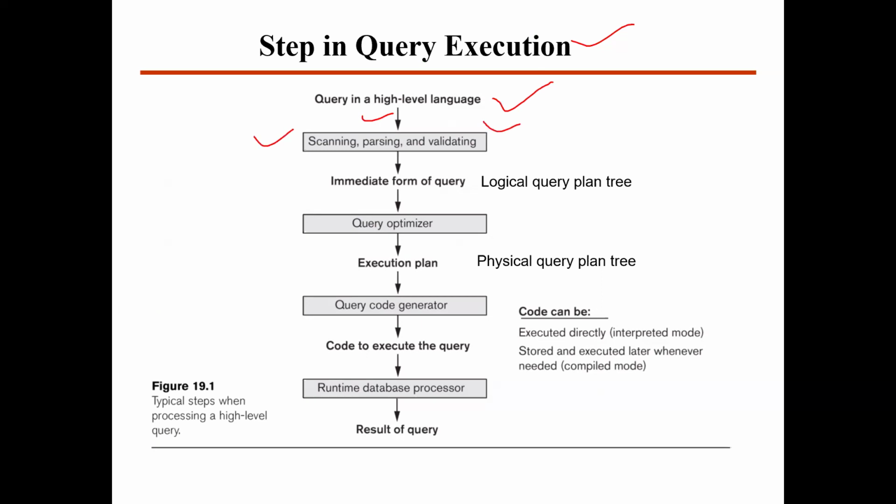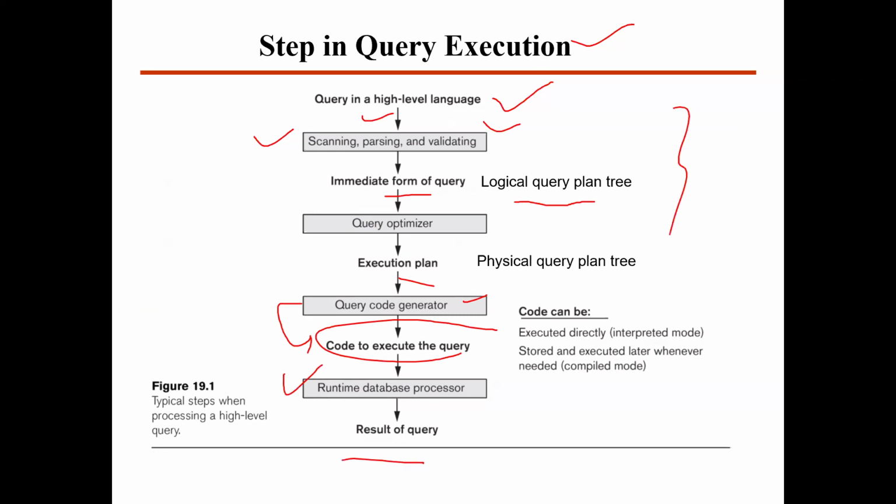And then it translates into the intermediate query, which is nothing but a logical query plan tree. And then the query optimizer selects the best execution plan, and the query code is generated for this execution plan. So the output of the code generator is code to execute the query. And then this code is given to the runtime data processor, which gives you the result.